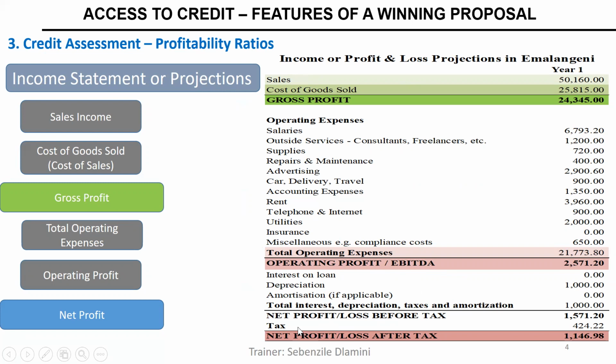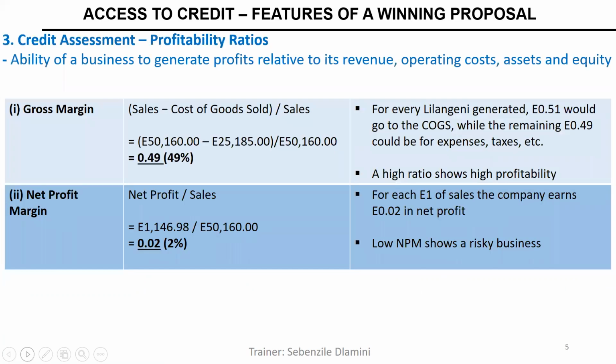After subtracting tax, you get net profit after tax. Profitability ratios show the ability of a business to generate profits relative to its revenue, operating costs, assets, and equity.